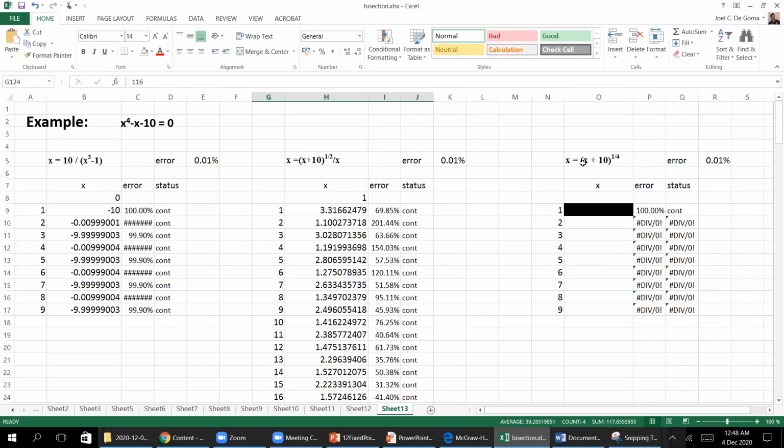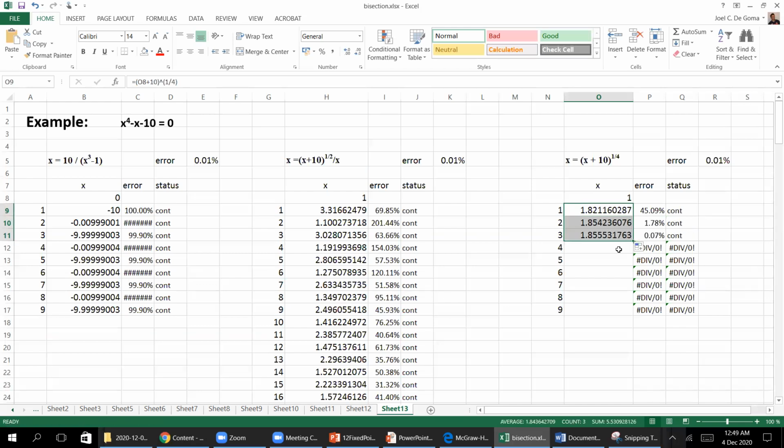So let's try the third equation derived from the original equation. Probably this is better compared with the second equation. Let's start with 1. So 1 plus 10 raised to the 1/4. The result is 1.82. Substitute it to our equation.